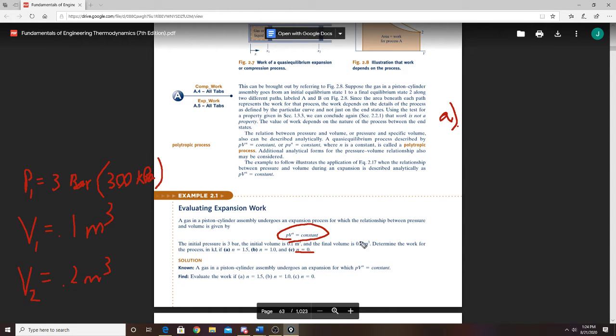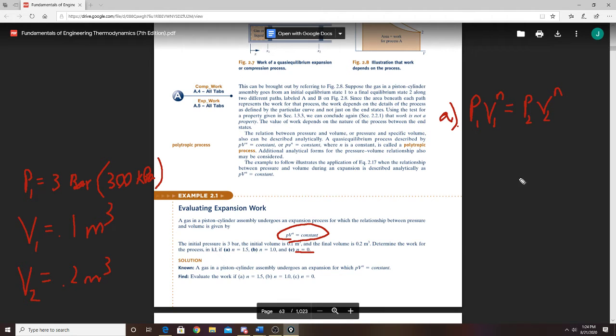So, if you know that PV to the n for one has to be equal to the other, what you can end up doing here is you can set these equal to each other. So you would do P1 V1 to the n is equal to P2 V2 to the n, right?